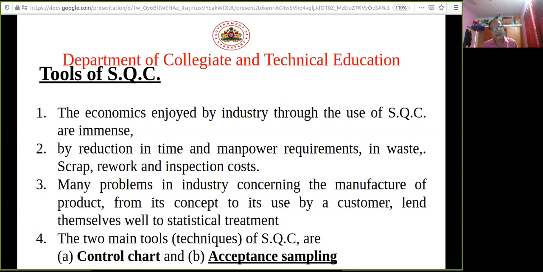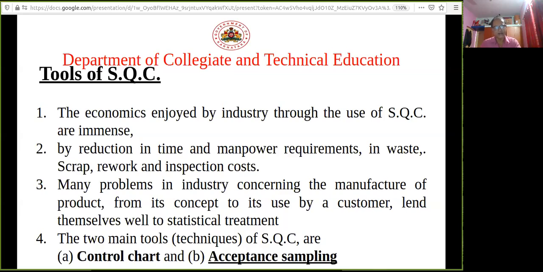There are two main tools that we are using here in statistical quality control: A, the control charts, and B, the acceptance sampling. Control charts are a descriptive type of statistical quality control.